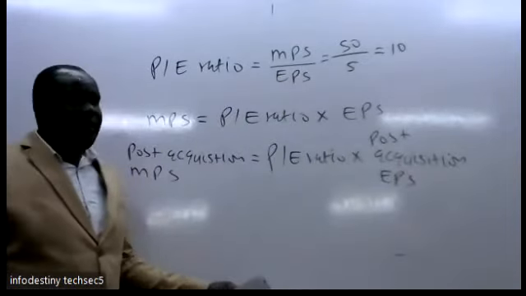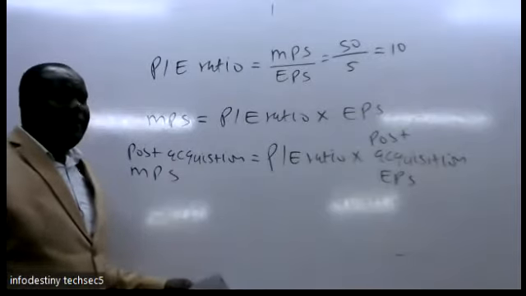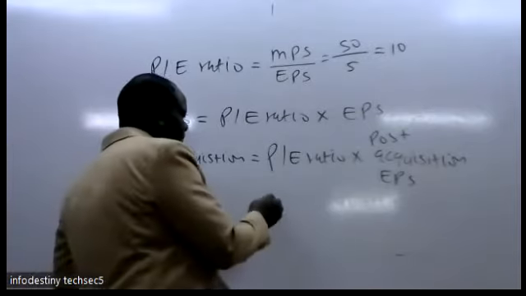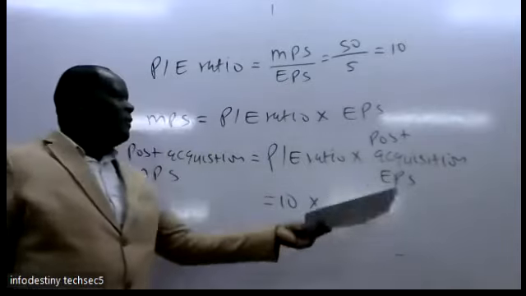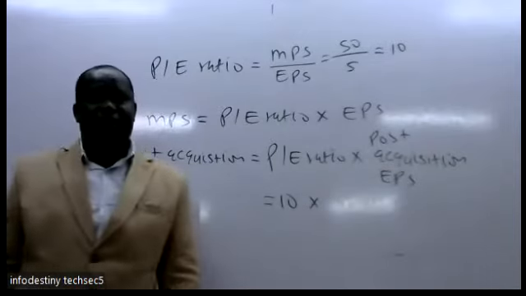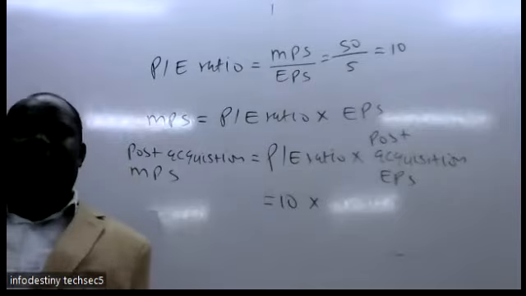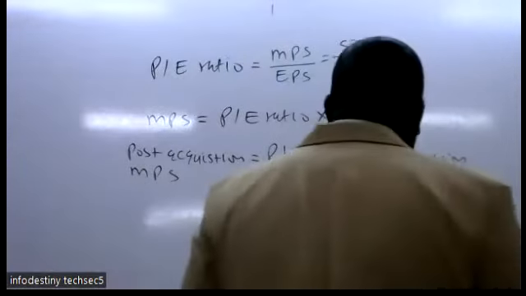The price earning ratio we have just calculated because they say it will remain the same. Then remember the post-acquisition earning per share that you calculated in the Roman letter 2. We got 5.53.